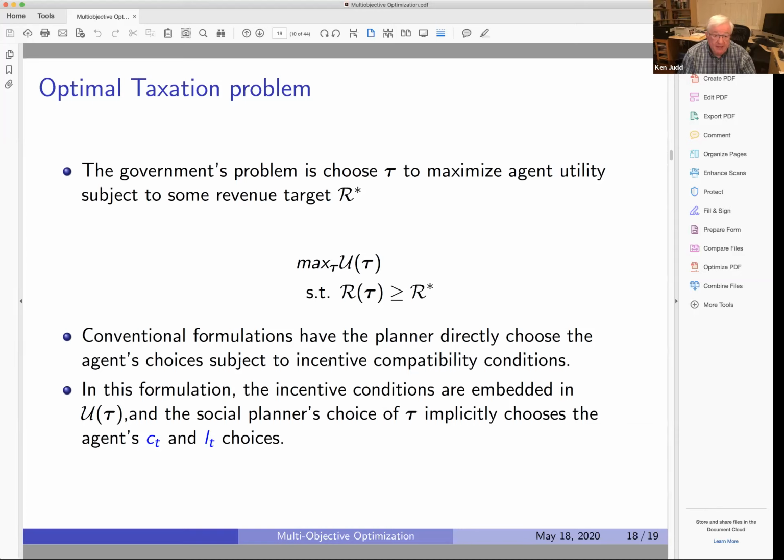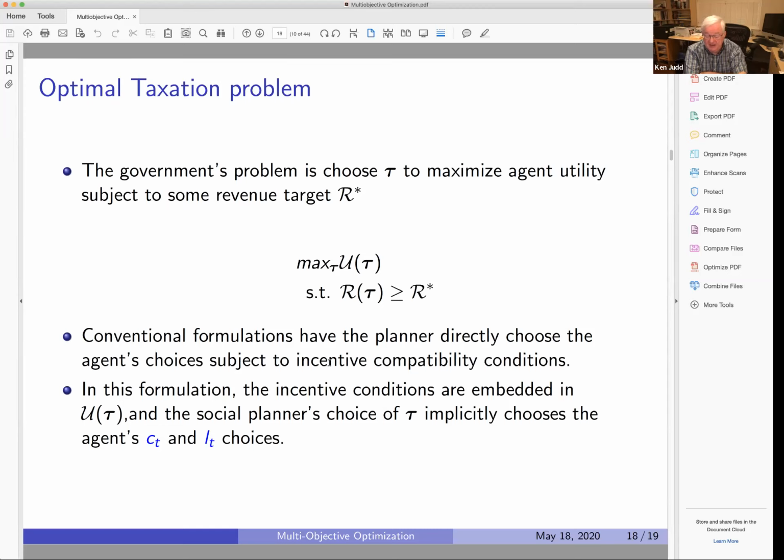Now, this problem is normally really difficult. Outside of some very simple cases, the utility function is generally not going to be a nice concave function of the tau vector, and revenue is not going to be a nice function of the tau vector.